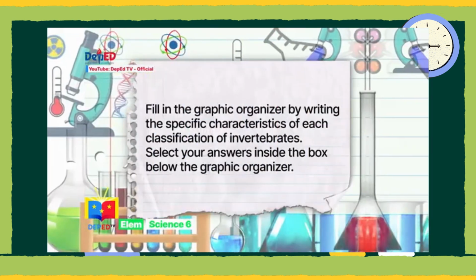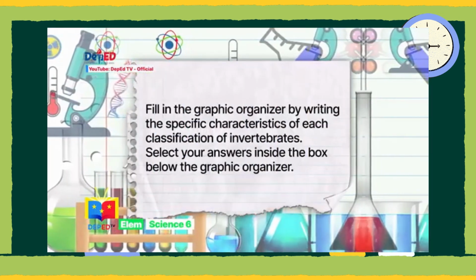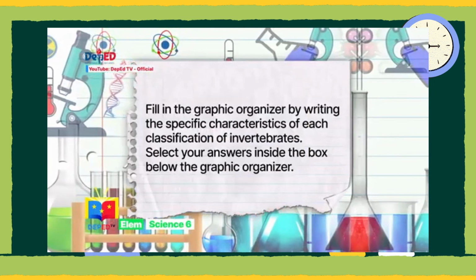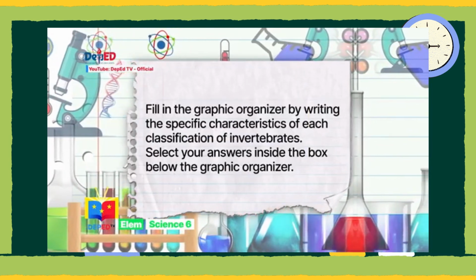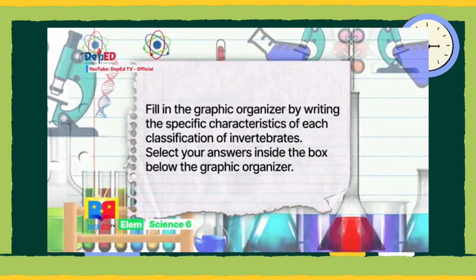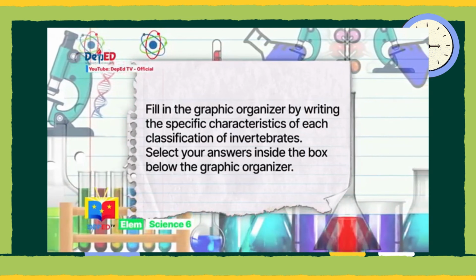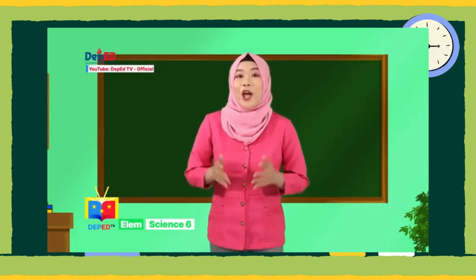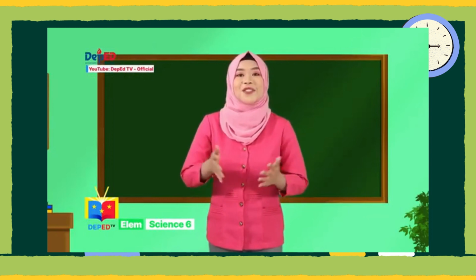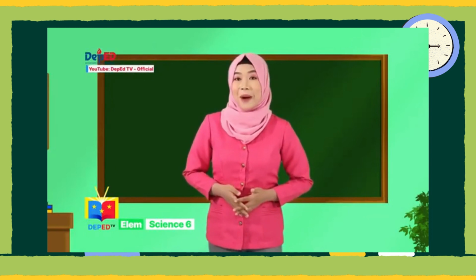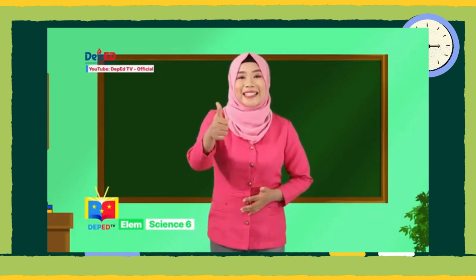Fill in the graphic organizer by writing the specific characteristics of each classifications of invertebrates. Select your answers inside the box below the graphic organizer. For this activity, you are given 20 seconds to answer. Science-minded learners, do your best!